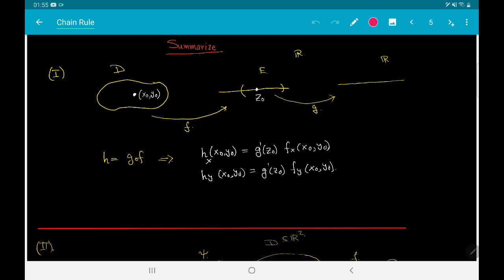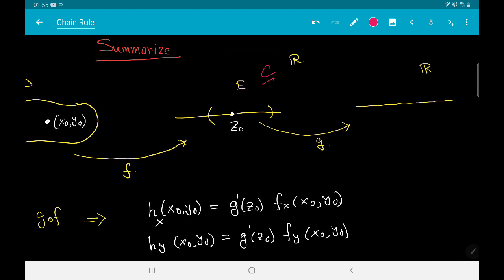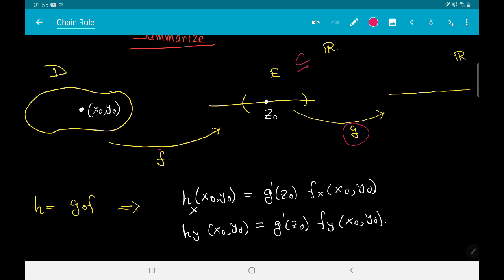So here let me summarize what we have done just now. The first case is as follows. Suppose I have a map from D to E, where E is a subset of R, and I have a map from E to R. So this map comes from single variable calculus, and this map comes from multivariable calculus.